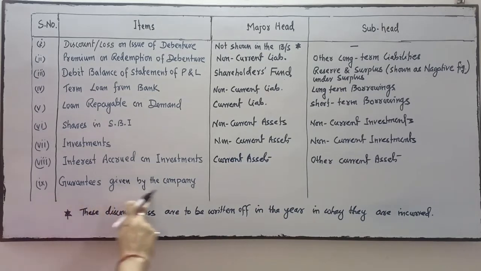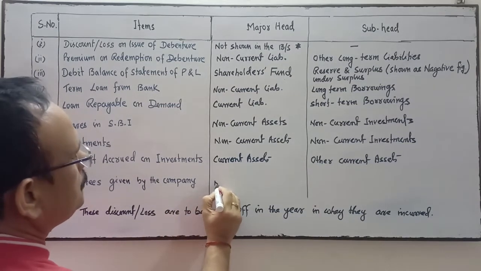Now, guarantee given by a company. Guarantee given by the company comes under the contingent liability. It is not shown in the balance sheet.